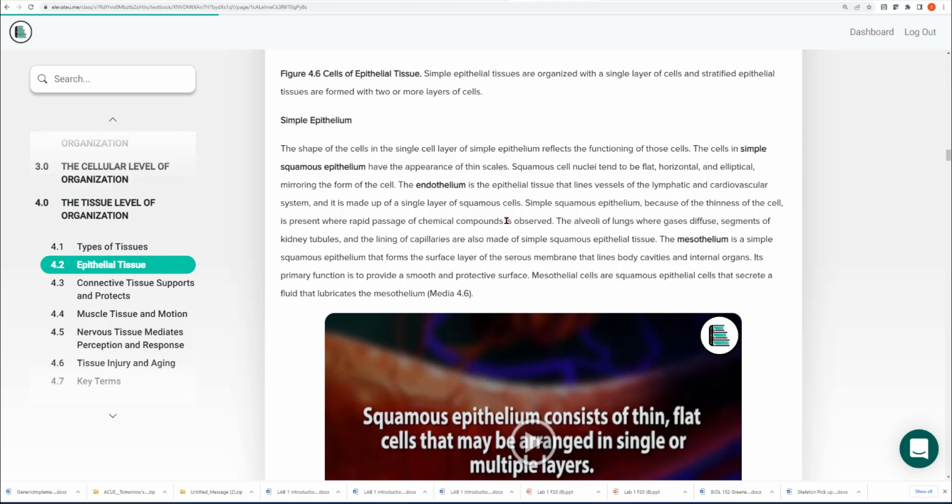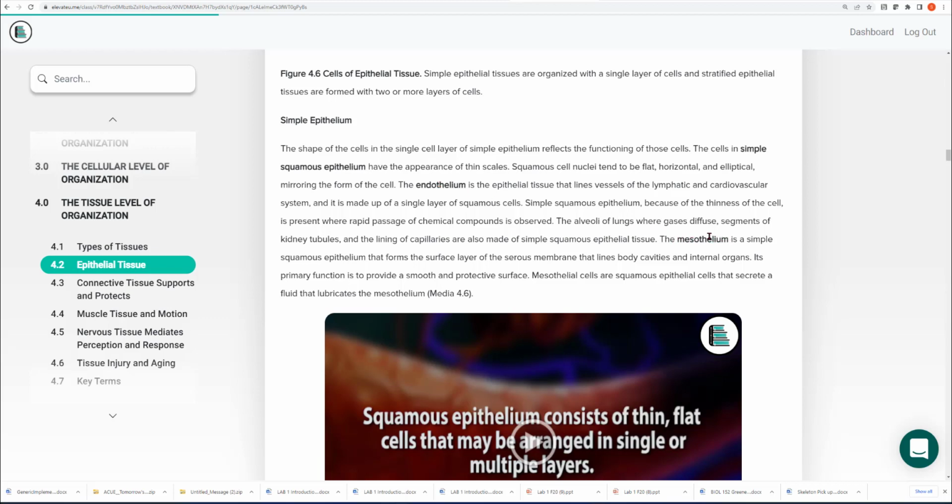I mentioned that epithelia are formed from all three germ layers. The epithelia that are found from the endoderm are also called the endothelium. So the endothelium is the epithelial tissue derived from that inner layer.